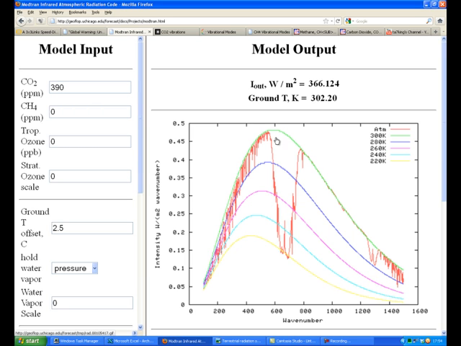I mean, it was about 0.45 watts per square meter at this frequency, and now it seems to have reduced all the way down to 0.13 watts per square meter. And it turns out that at about nearly 700 cycles per centimeter, that is the actual bending vibration of carbon dioxide. Let's have a quick look at the bending movement of carbon dioxide.